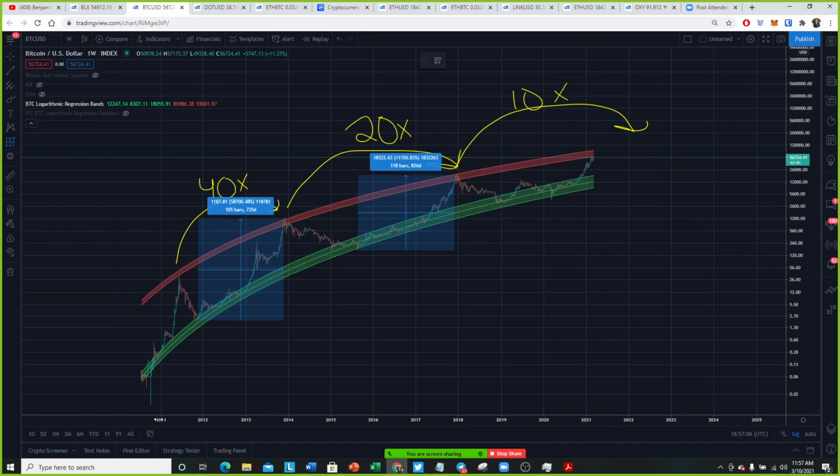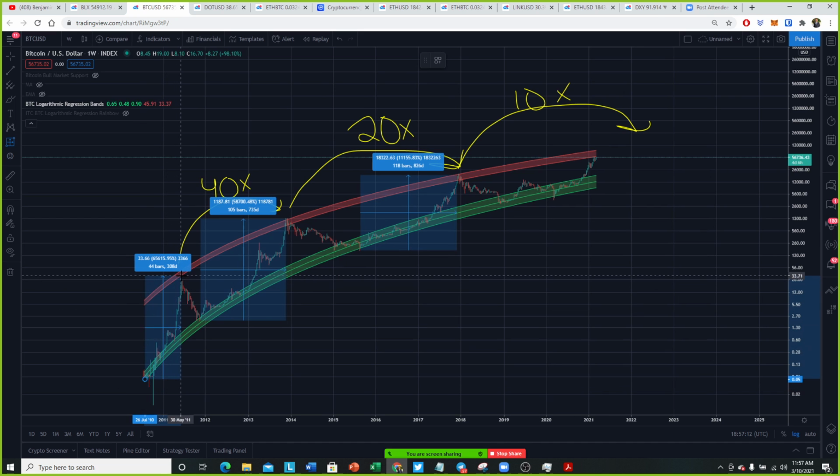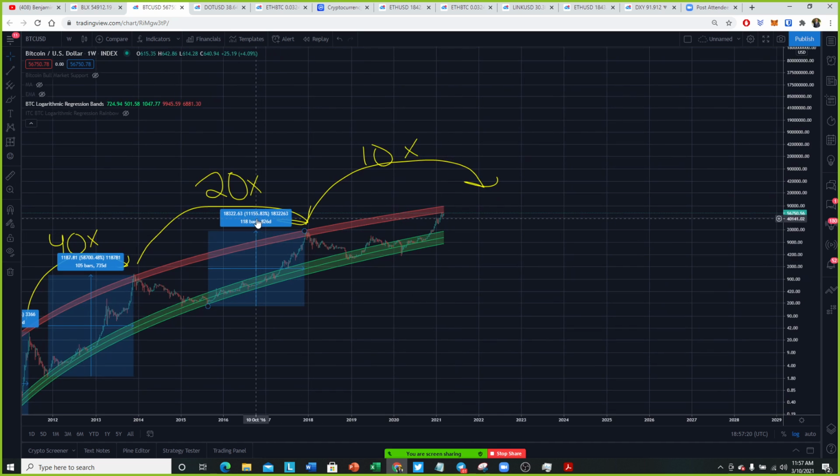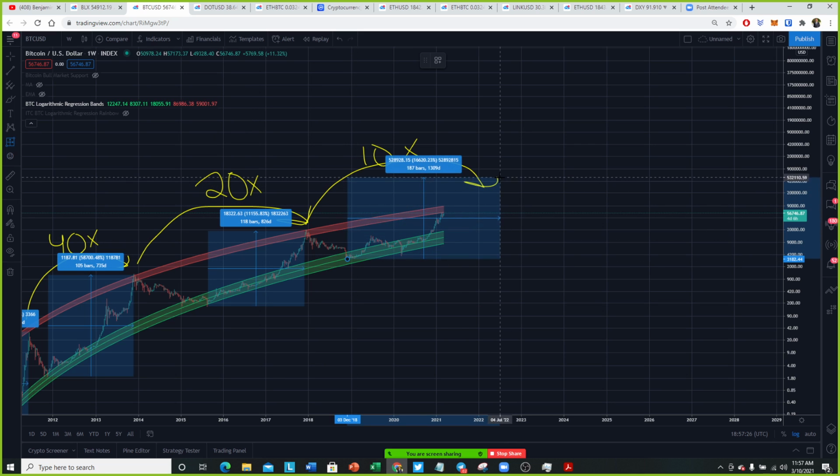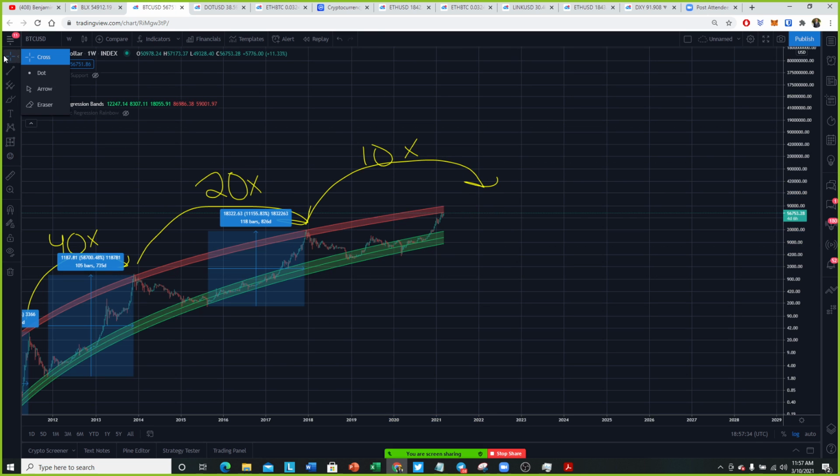And if you look at, say, this one, it's hard to measure because you have some of these wicks, and it's really hard to know the validity of some of these data points, but this one was maybe 65,000%, 58,000% from bottom to top, and then 11,000%. And if you were to assume that 11,000% from bottom to top is something we cannot achieve, then that would put us around that $300,000 Bitcoin, which is why I think that $300,000 is getting too high up there.